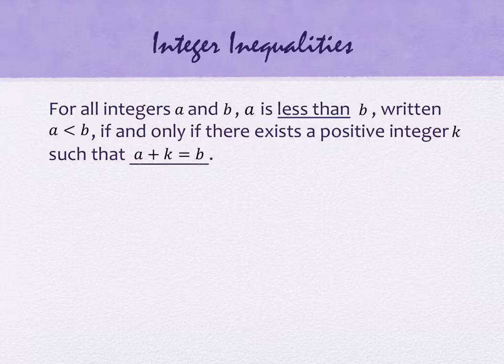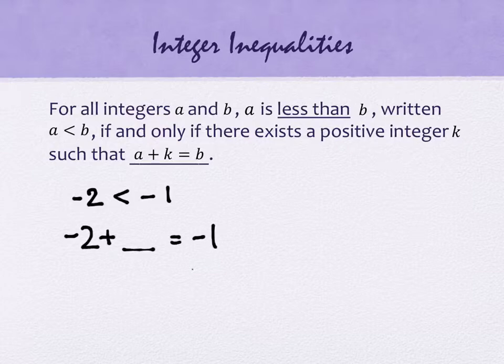Just for the sake of seeing it, we've seen this with whole numbers, let's do it with some negatives. So the reason that negative 2 is less than, say, negative 1 is because I can take negative 2 and add something to it to equal negative 1. What would I have to add to negative 2 to get to negative 1? 1. And so that's my k value.